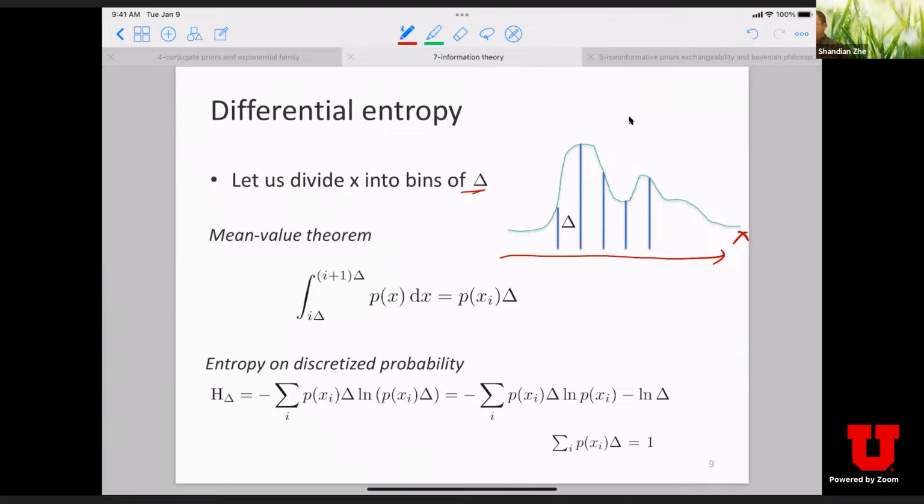Then I can represent x in terms of a discrete random variable y, which can take values like 0, 1, 2, 3, and so on. It's infinite but countable.